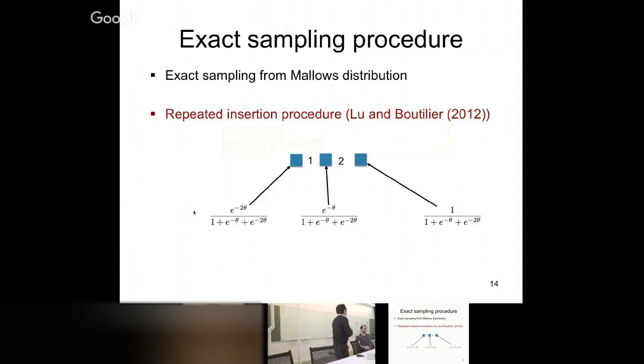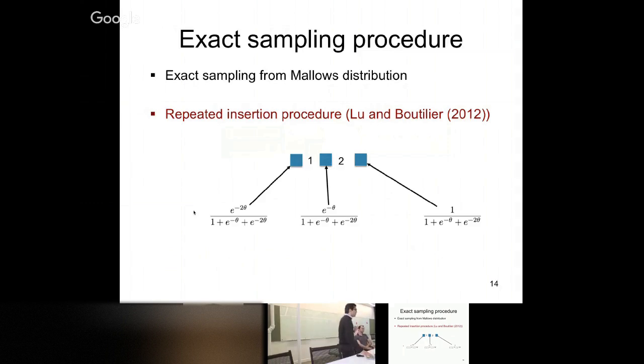Because you can sample the substrings exactly. So this is not our work. This was already known in this prior work of Liu and Boutilier, that we can get an exact sample much more efficiently than doing MCMC on the exponential-state Markov chain.